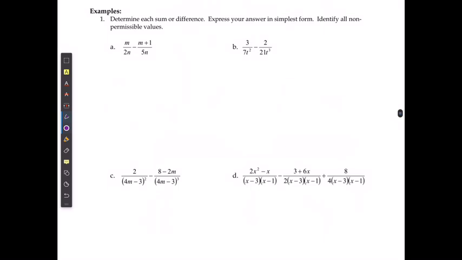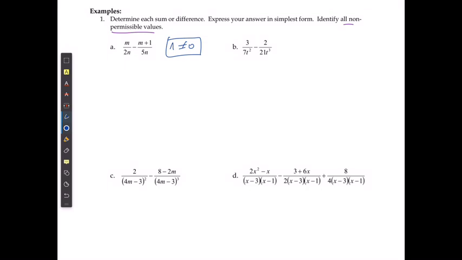For the first one, it says determine the sum or difference, express your answer in simplest form, identifying all non-permissible values. Well, I can't factor the denominators in here, which means that I can already find my non-permissible value. n cannot equal 0. There's my non-permissible.